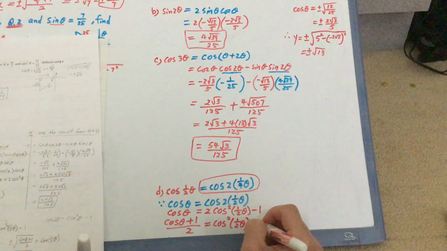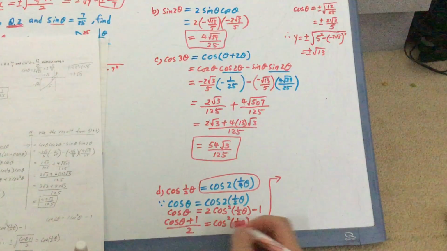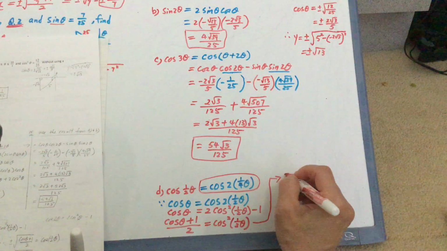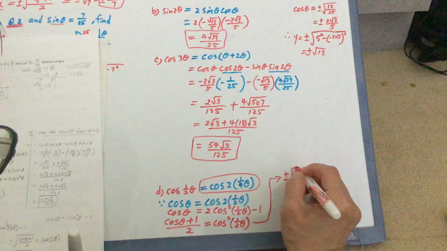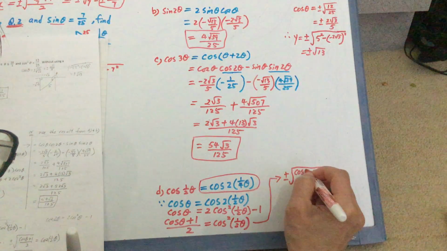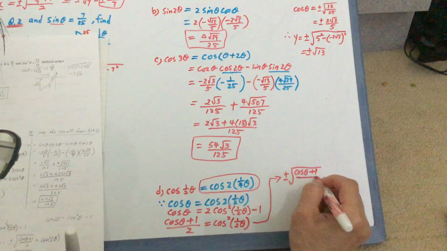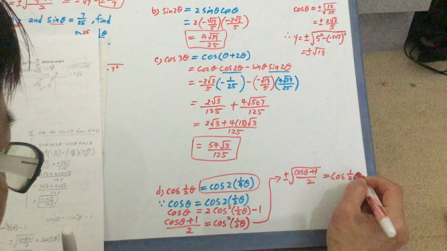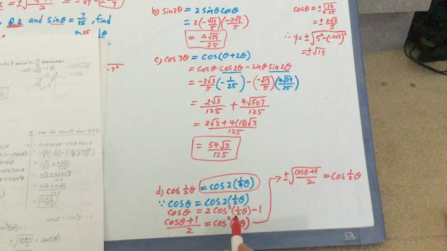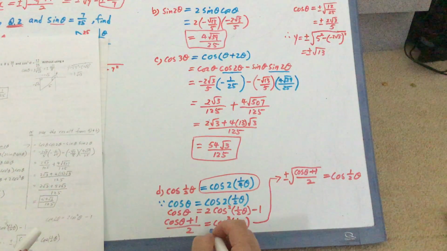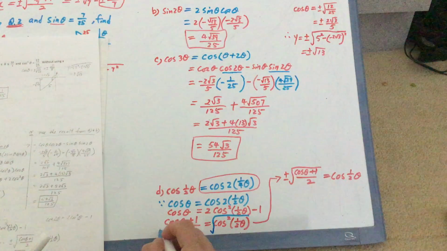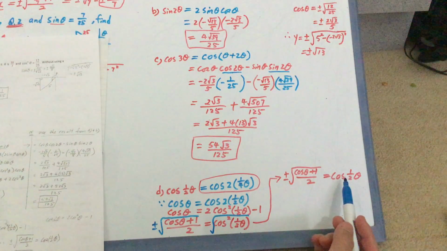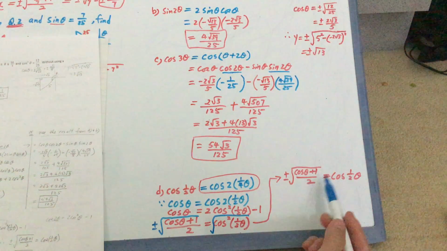When I square both sides, I will end up with a plus and a minus square root of cos theta plus 1 over 2, then I will end up with cos half theta. So I ended up solving for cos half theta, and this is what I want.